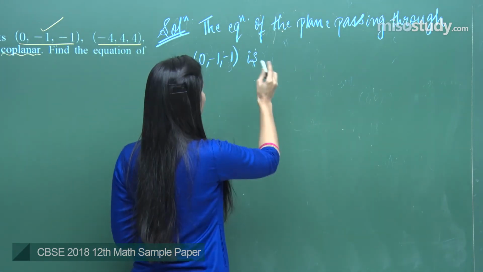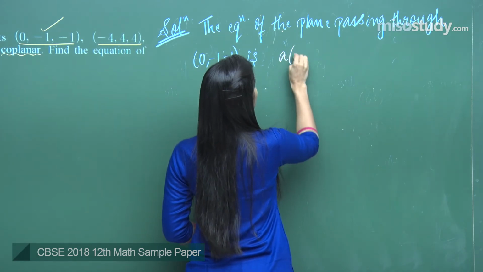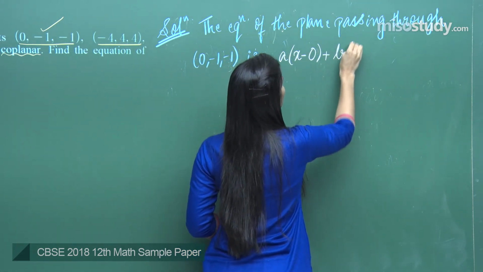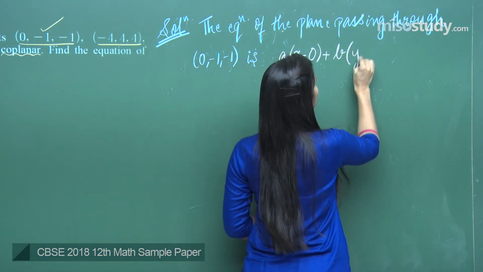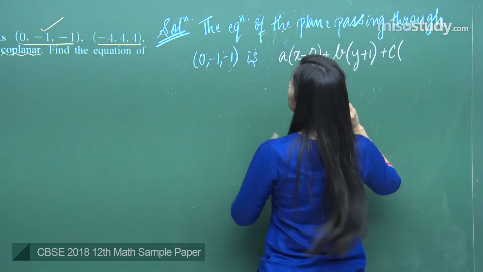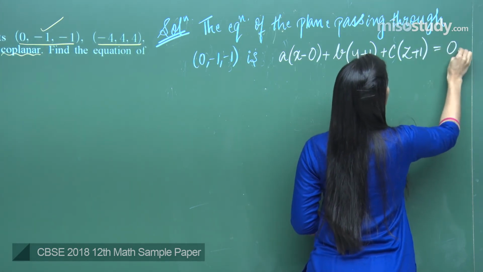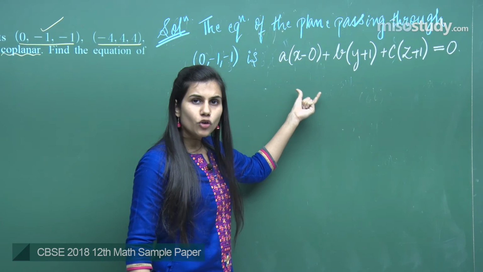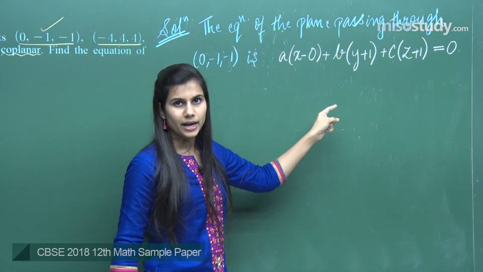Well, if you remember, the equation of the plane passing through this point is given by a into x minus 0 plus b into y minus minus 1 plus c into z minus minus 1 equals 0. This is how the equation of the plane passing through this particular point is given.